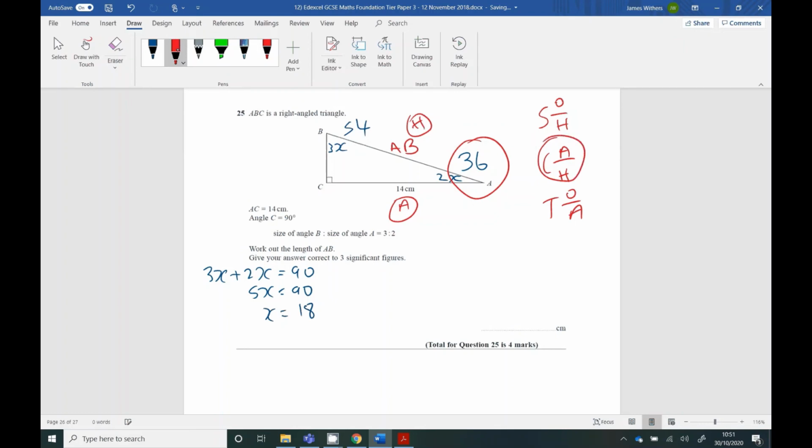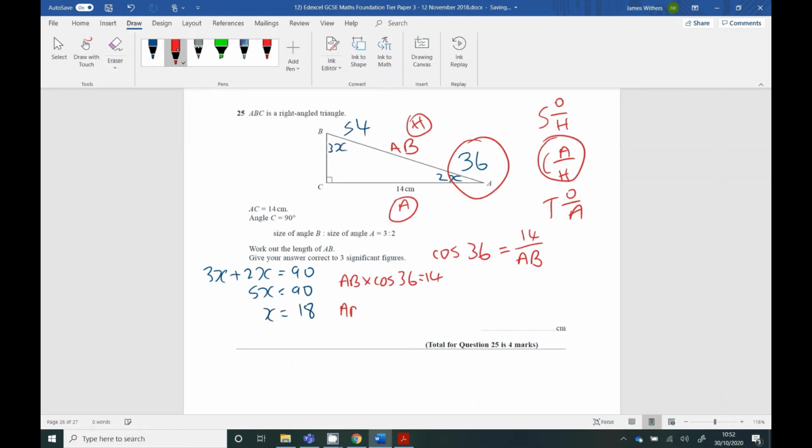So the cosine of angle A, the cosine of 36 degrees, equals our adjacent side divided by our hypotenuse. Now we've got to do a little bit of work here to make AB the subject. So multiply both sides by AB. So AB times cos 36 equals 14. And then divide both sides by cos 36.